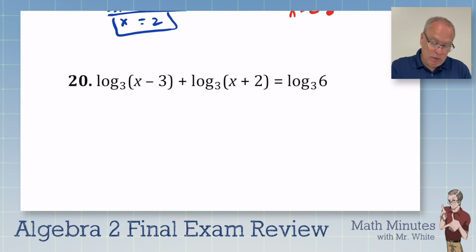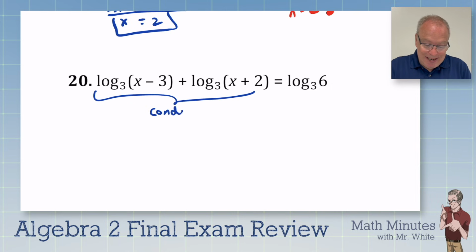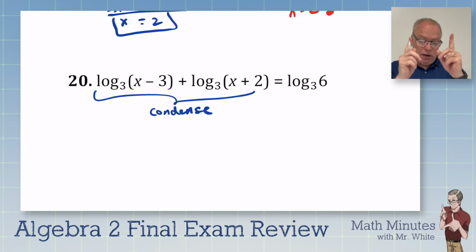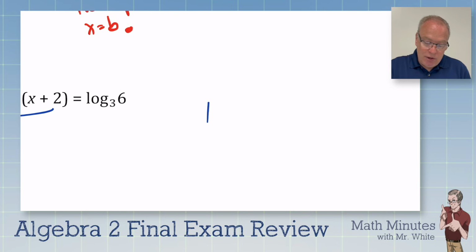Number 20. Okay, here we have a log equation. So we have to remember that whole unit we did on properties of logs here, because I really want to condense this, was the magic word, which means combine them into one logarithm, because then if the two sides match, I can just solve what's inside. You'll see. So do you remember how this works?